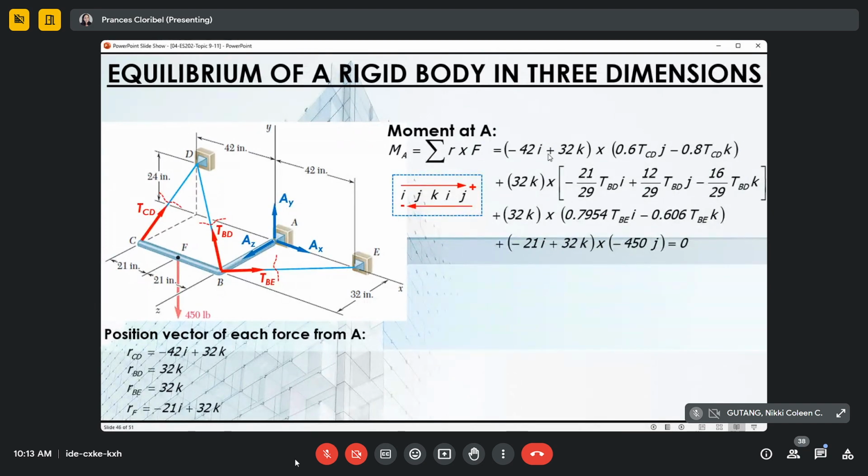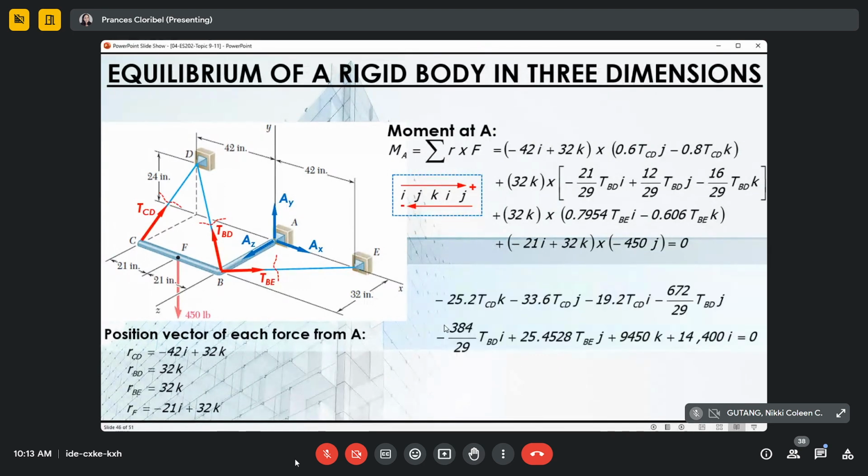Let's start. I times J, IJ is positive K. So that is 25.2 TCD K. Negative, because the magnitude is already negative.